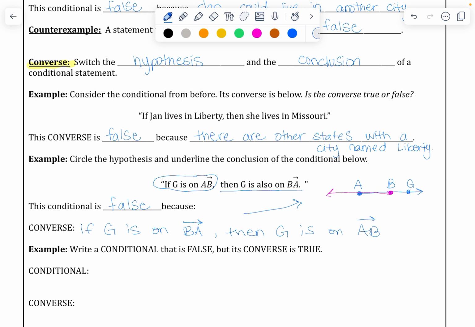So we took our conclusion and we put it first, and then we took our hypothesis and we put it second. So we just flip the order of those.